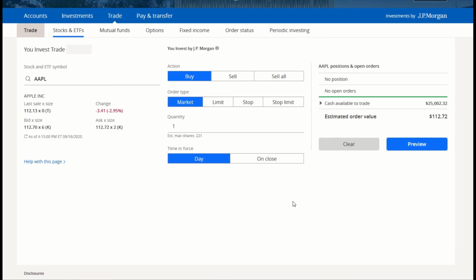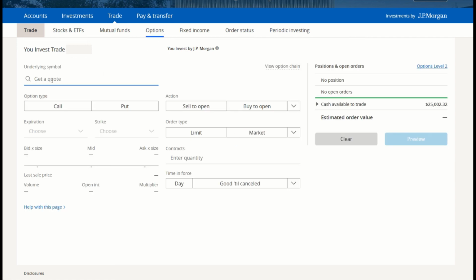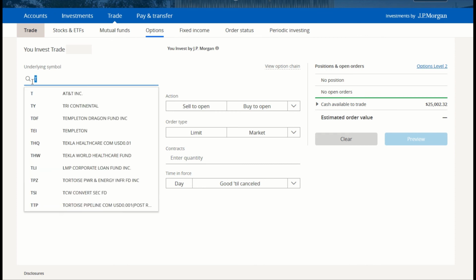So guys, hopefully this gives you a good idea of how to sell put options in your Chase You Invest trading account. Just to hit the point home, I will show you one more time. Options, this is where you put in the symbol of the underlying.